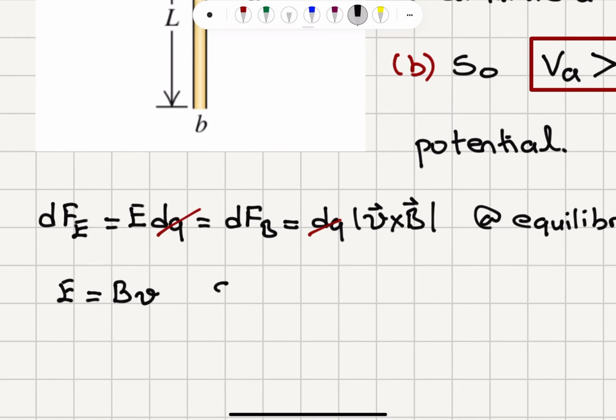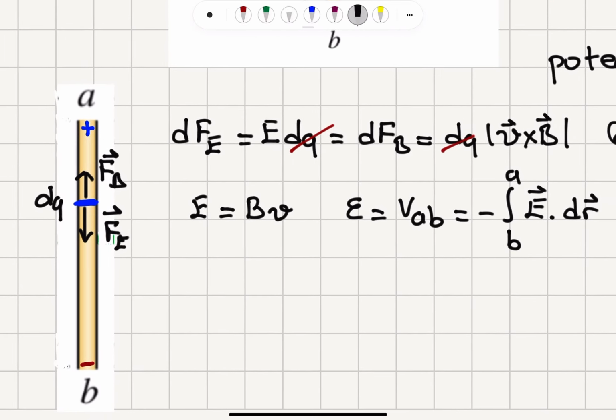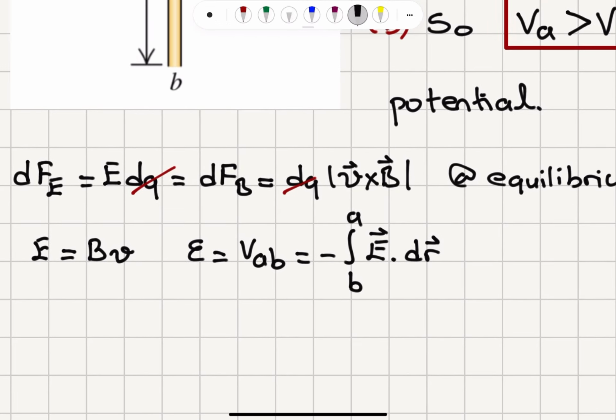Now, the EMF induced, which is the potential of A with respect to B, is minus the integral from B to A of the electric field dot product with displacement. Okay, so going from B to A, electric field dot product with displacement.